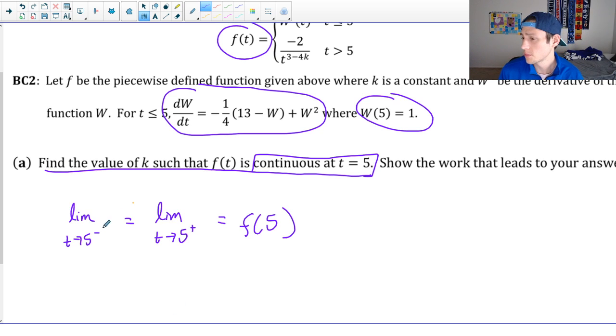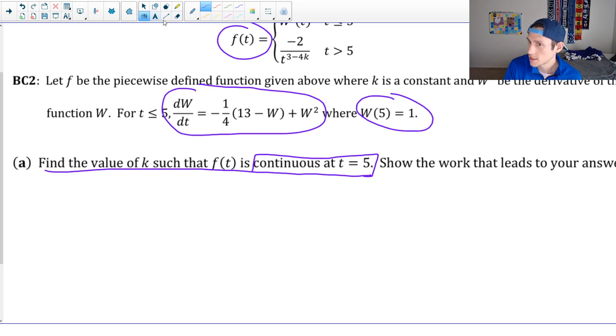We're going to check all three of these things to see how we can make sure that they equal the same thing, because that's what it means to be continuous. So that's our goal: prove the left-hand limit equals the right-hand limit equals the actual value of the function.